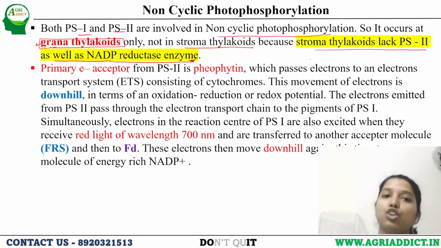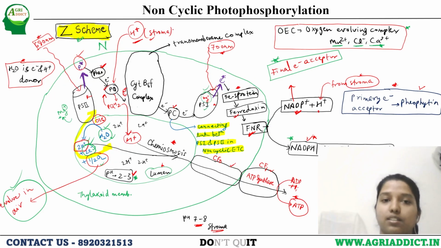Now the primary electron acceptor from PS2 is pheophytin. This we already studied, which passes electrons to an electron transport system, what we studied as the Z scheme, consisting of cytochrome and different protein molecules. The cytochrome is a transmembrane protein. See, this is a transmembrane protein connecting the inner membrane and the outer membrane. That's why it is known as a transmembrane complex. This is the electron transporting chain.